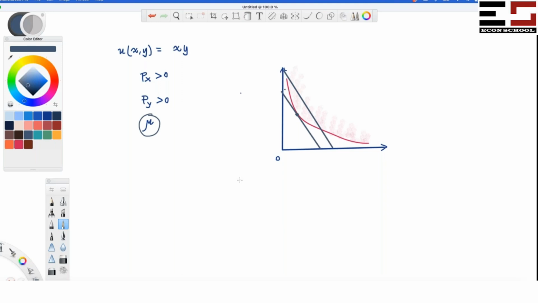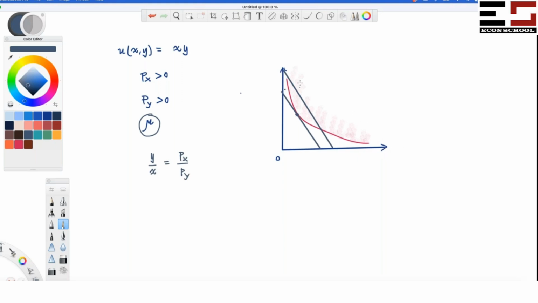The absolute value of the slope of the indifference curve is the marginal rate of substitution, mux by muy, which gives us y by x. That should be equal to the absolute value of the slope of the iso cost curve, which is px by py.